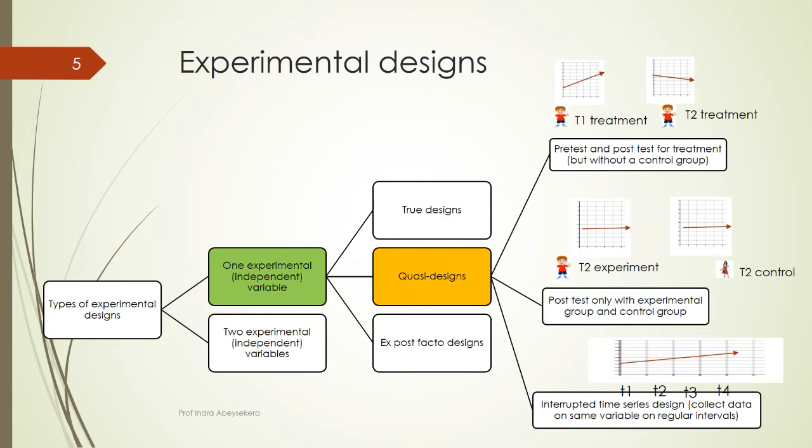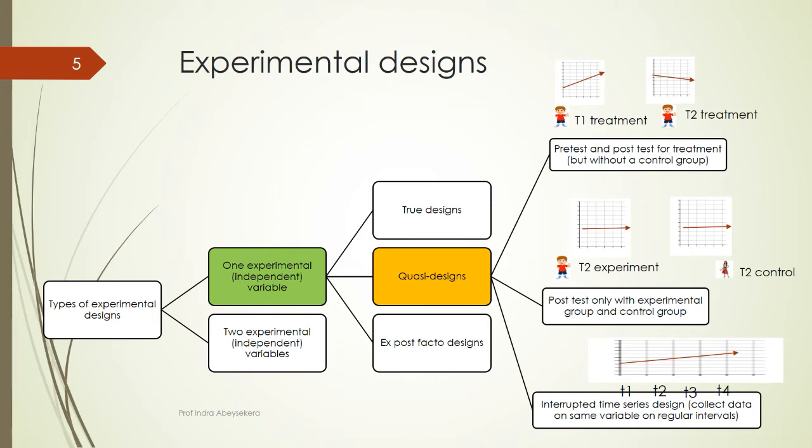The second is the quasi design. In quasi design, that is sort of partial design of experiments, there are 3 ways of doing it. First one is pre and post test for treatment group.